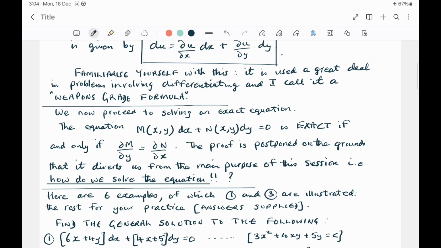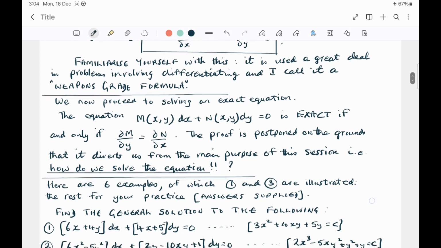I'm not going to prove this here, simply on the grounds that it's going to divert me from the main purpose of this video. And the purpose of this video is how we are going to solve this equation, which is 90% of the interest as far as most people are concerned.